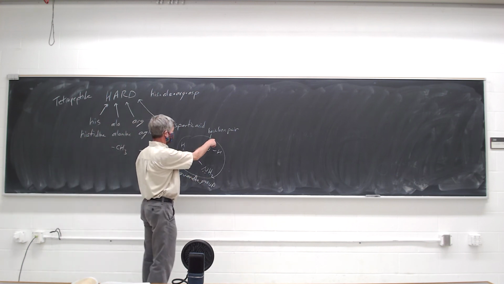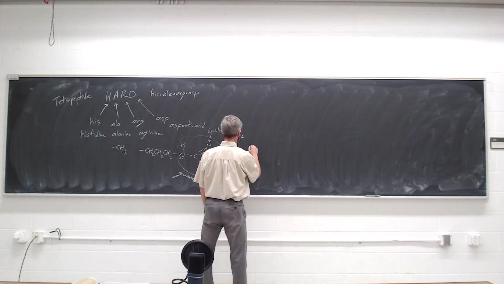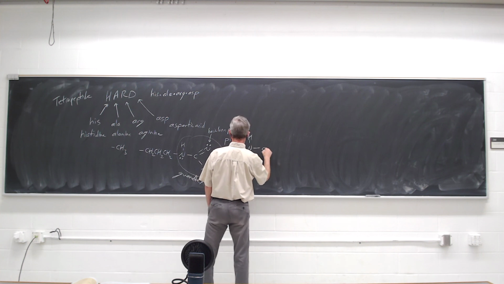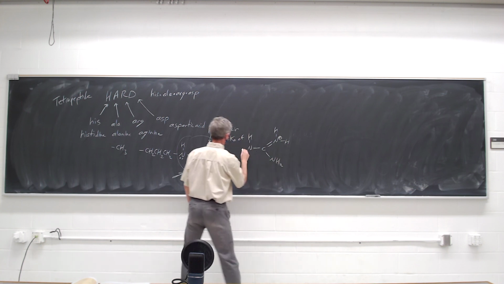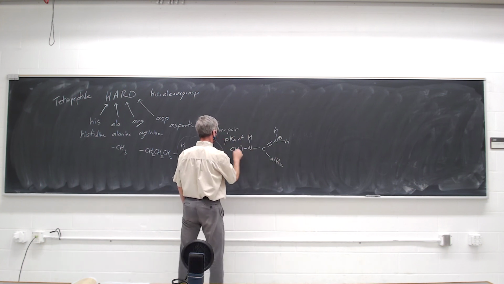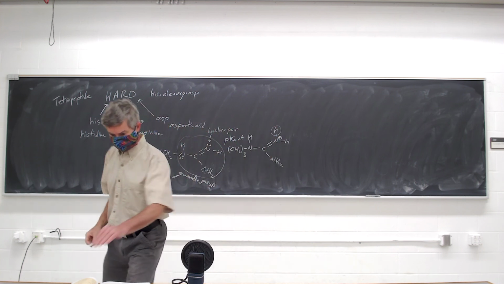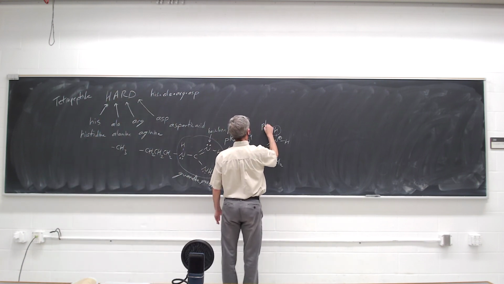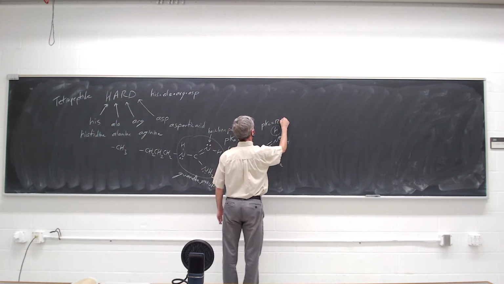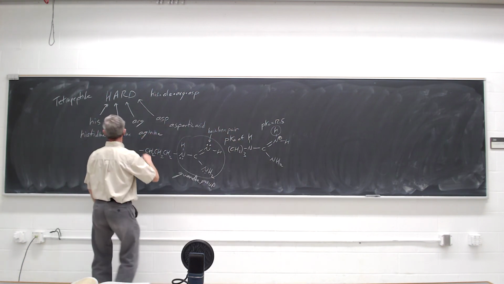The pKa of the conjugate acid here, which is the pKa of that hydrogen, is 12.5. Aspartic acid we already looked up.